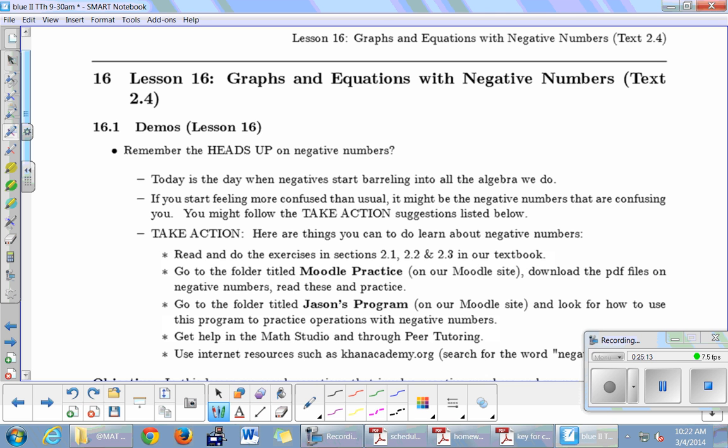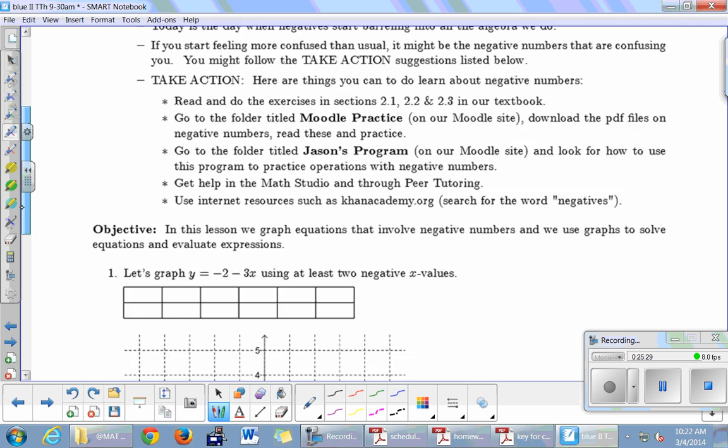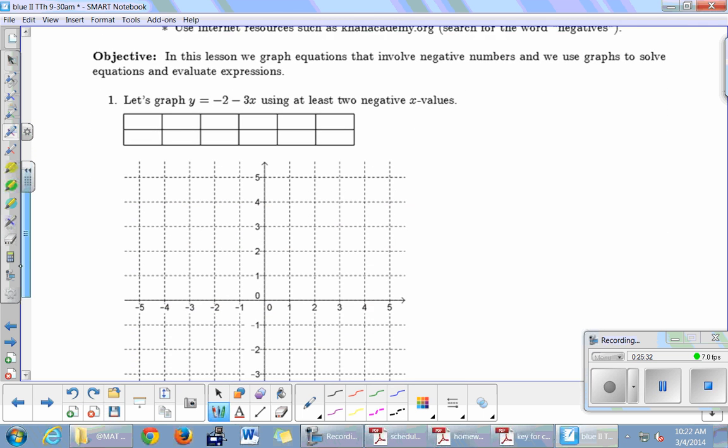If you have difficulties with negative numbers, it is time to take action soon, because you may flail around not because you're struggling with the algebra, but because you're struggling with the arithmetic of negative numbers. There are resources for you to practice with negatives, and you have to get there soon because we are starting negatives right now.